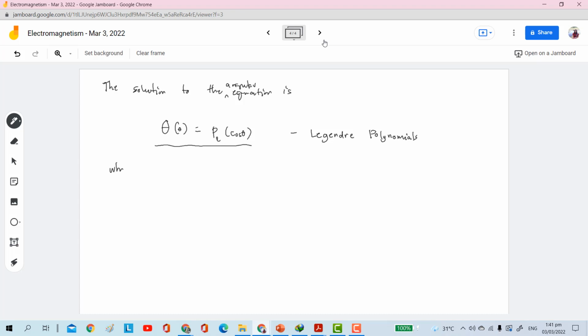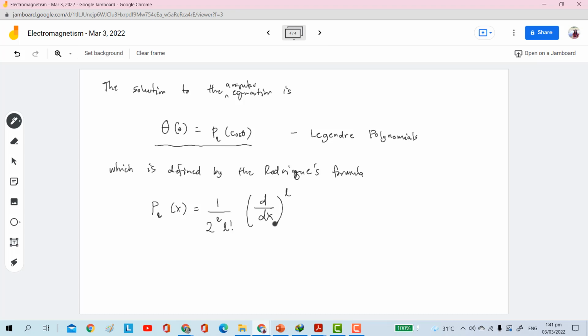So you have this: P sub L of x is equal to 1 over 2 raised to the power of L multiplied by L factorial, and then you have d over dx raised to L of x squared minus 1 raised to the L. Okay? So this is the Rodrigues formula.